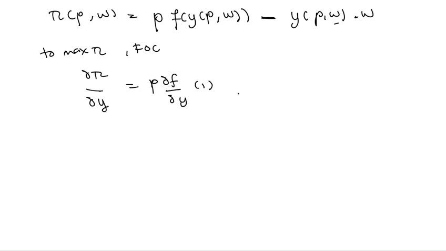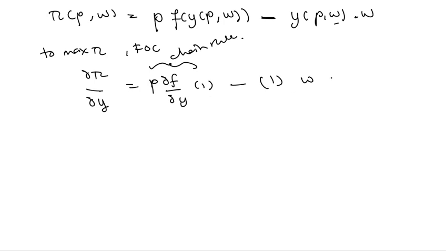I'm using the chain rule of differentiation: minus W, where W is our constant, and Y we differentiate becomes 1, isn't it? Inside here, Y differentiates to 1, that's why you can see 1 here.